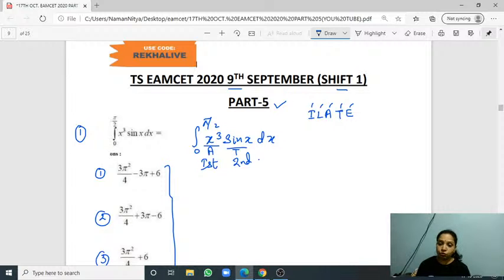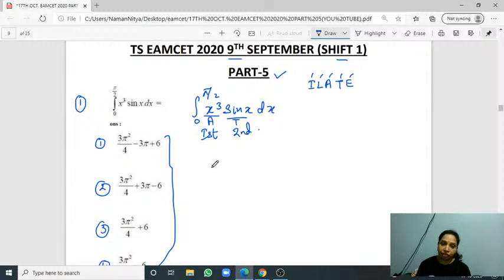I hope you know the formula for integration by parts. If you don't know, then also it is okay. You can just write the formula now itself. Suppose I am having integral of u v dx. U is my first function and v is the second function.